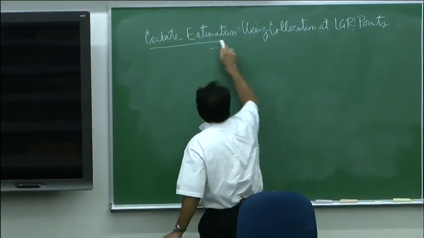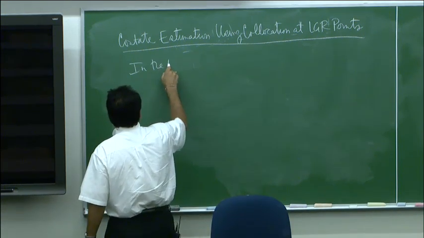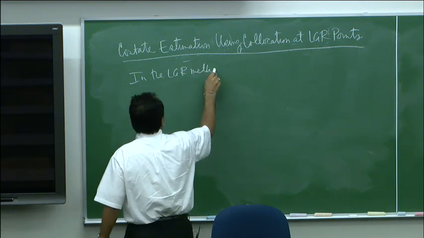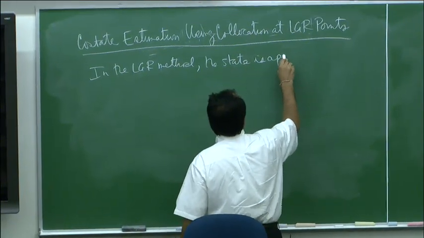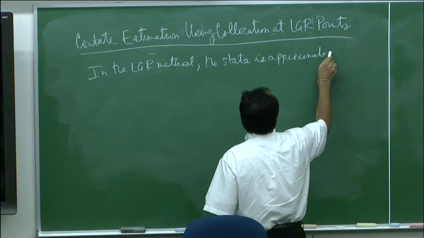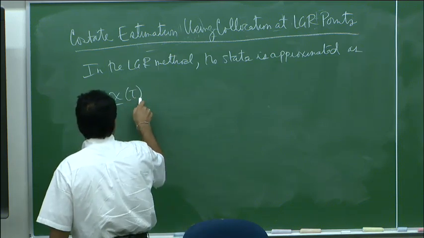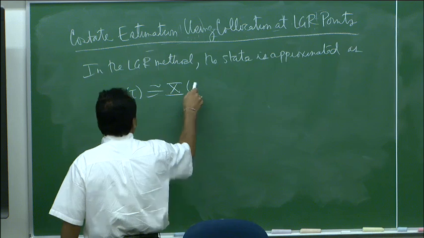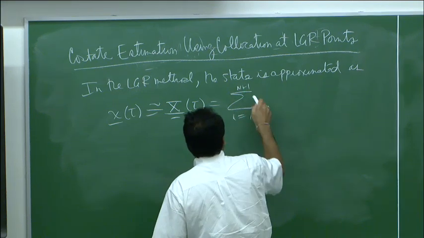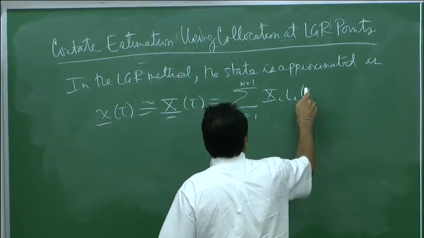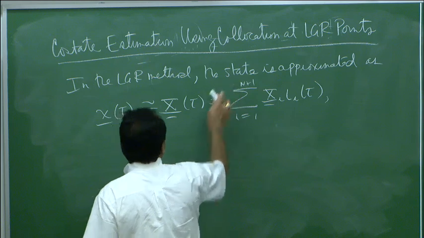Now, if you recall, in the Radau method, or the LGR method, the state is approximated as follows: we say x of tau is approximated by capital X of tau, which is equal to the sum from i equals 1 to n plus 1 of x_i L_i of tau, where n is the number of LGR points.